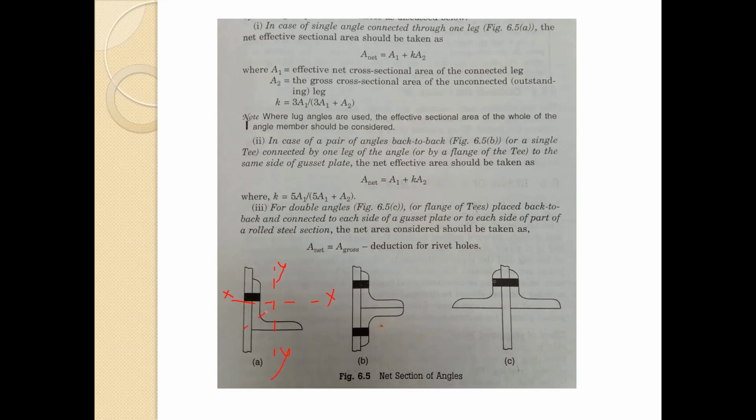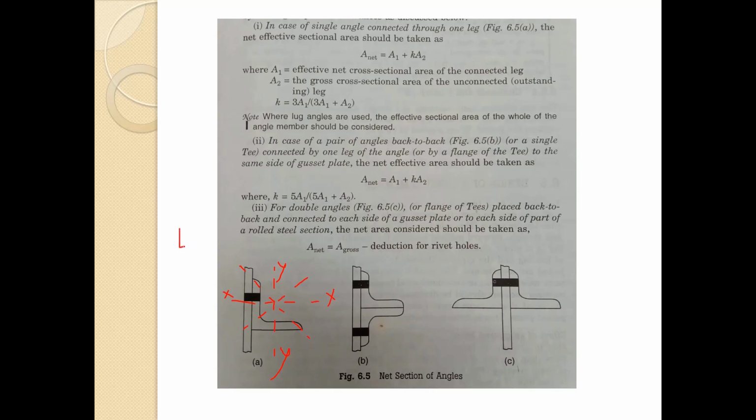Again there are two more axes, that is uu and vv. Why does this become so? The reason is that we can put the angle in all these four directions. I will explain with the help of this unequal angle.